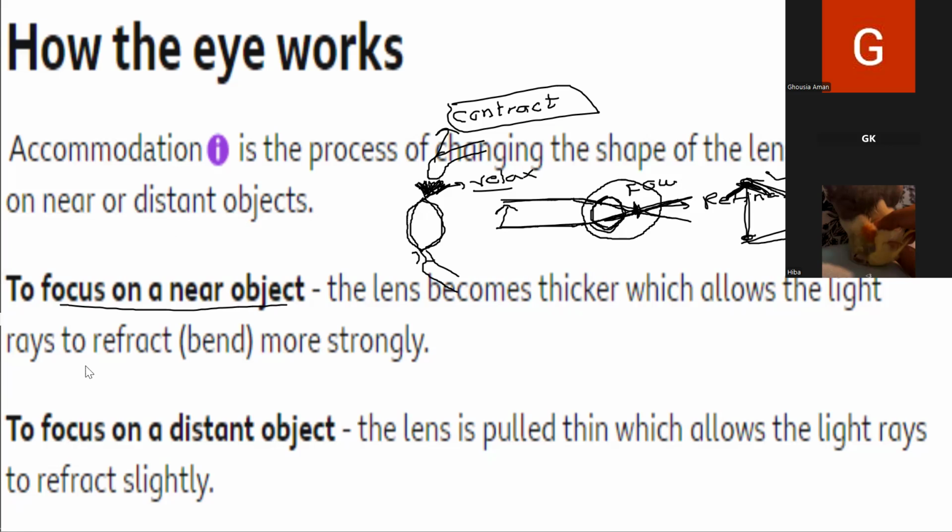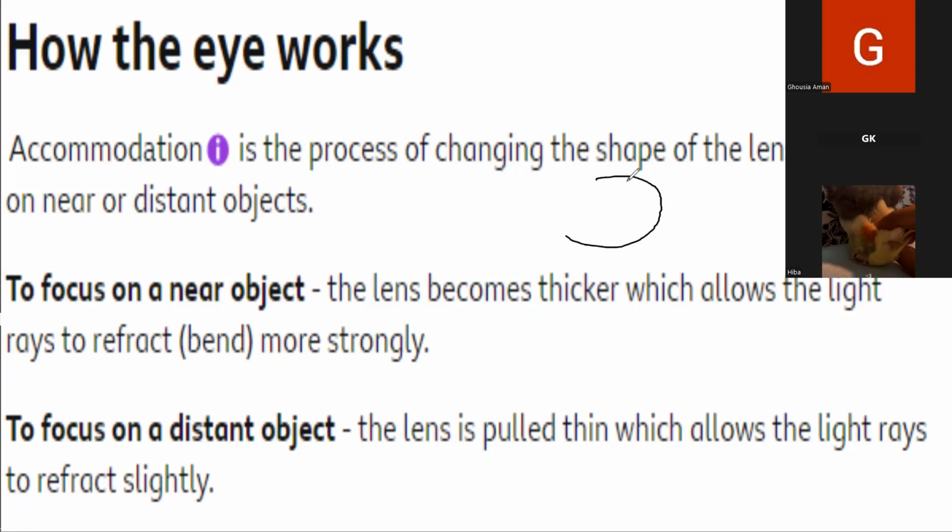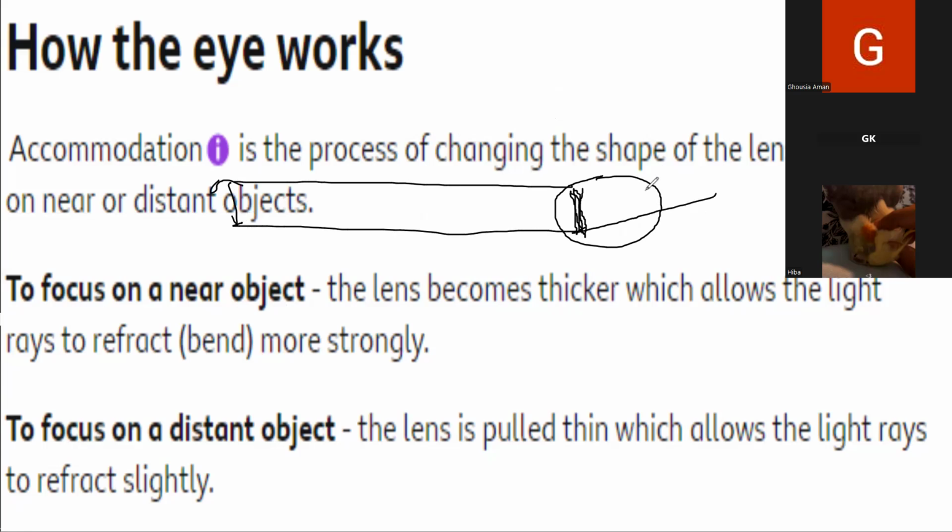Now make it opposite. Now you are looking at an object which is far away from you. This time your lens will become very much thinner and stretched, so that the light rays coming from far away will focus exactly on the retina like this.